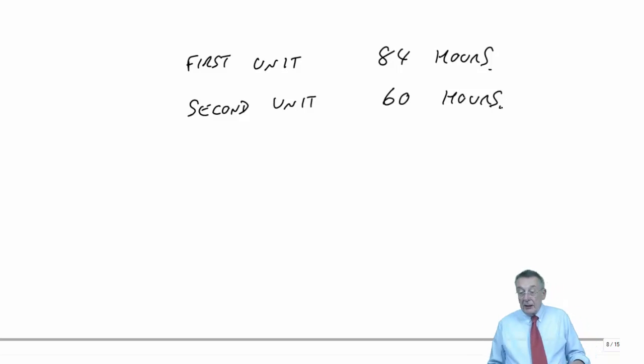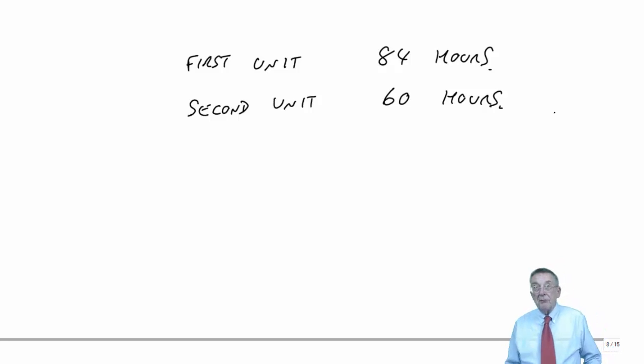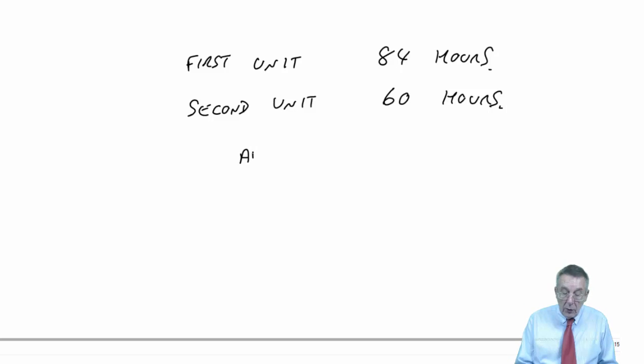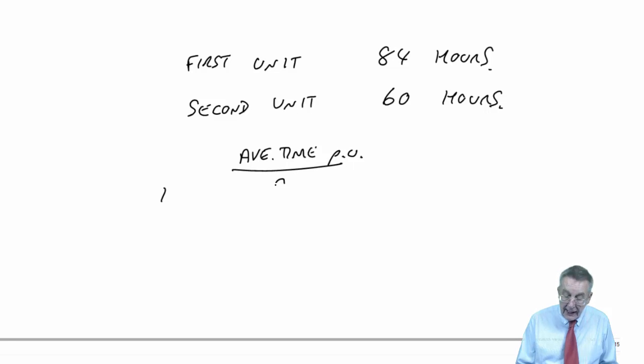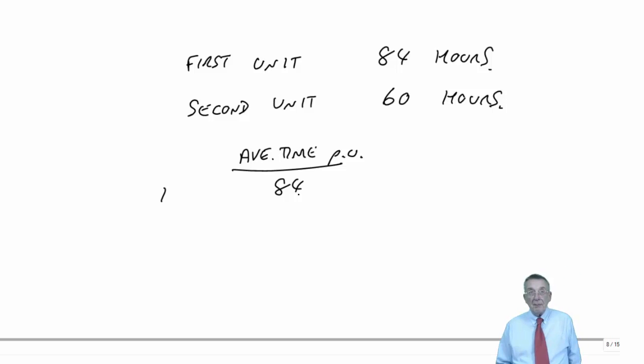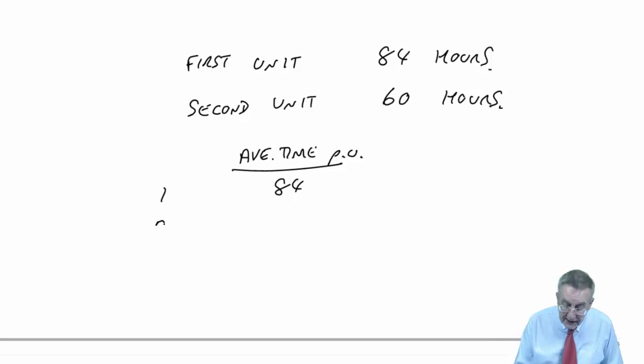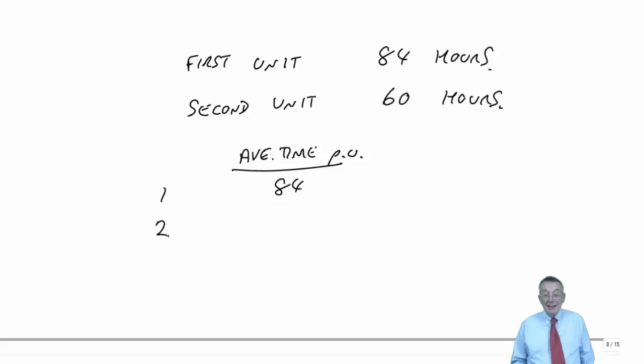All right, I hope you have had a go, because only then will you realise the mistakes people can make. If you got 71%, you're wrong. I think, and I'm about to check, it's actually 86%. Remember, learning works on the average time per unit. The first unit took 84, no problem. If we double to 2 units, what will be the average time per unit?